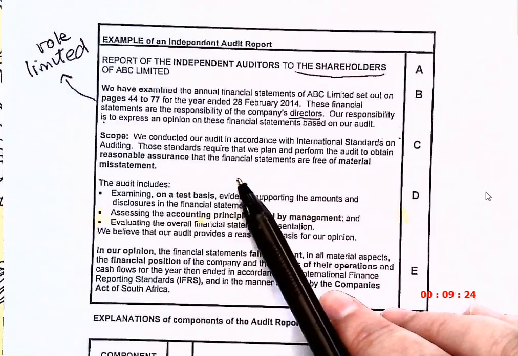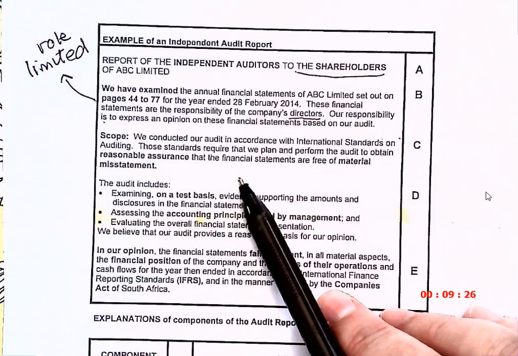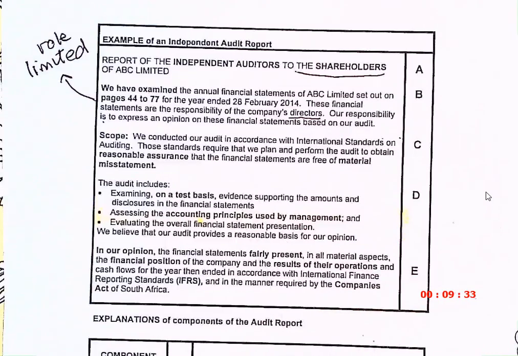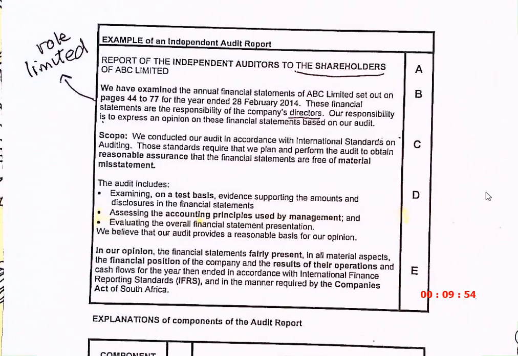These standards require that we plan and perform the audit to obtain reasonable assurance. Reasonable assurance. In the evenings when you go home, before you go to bed, you check that all the doors are locked. And then you go to sleep. If someone comes in through the night and robs you blind, you can say to the police, you took reasonable precautions that it doesn't happen.